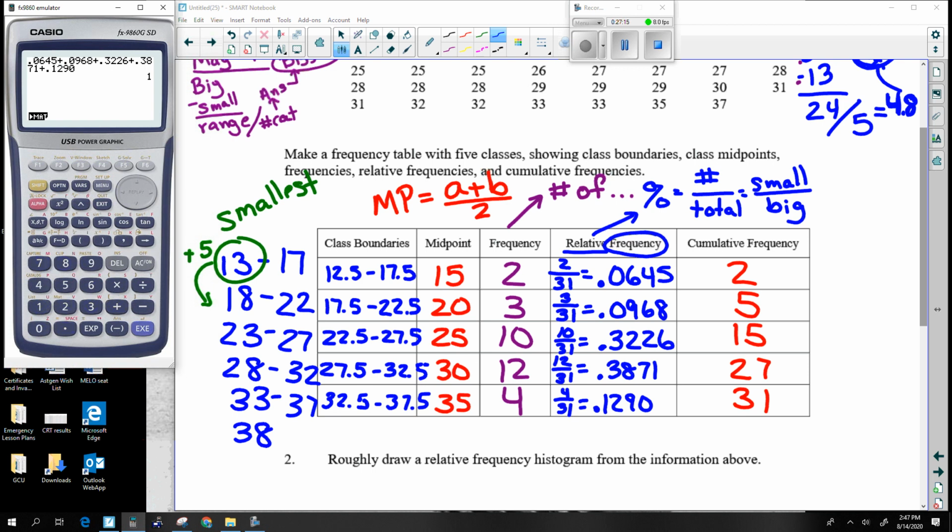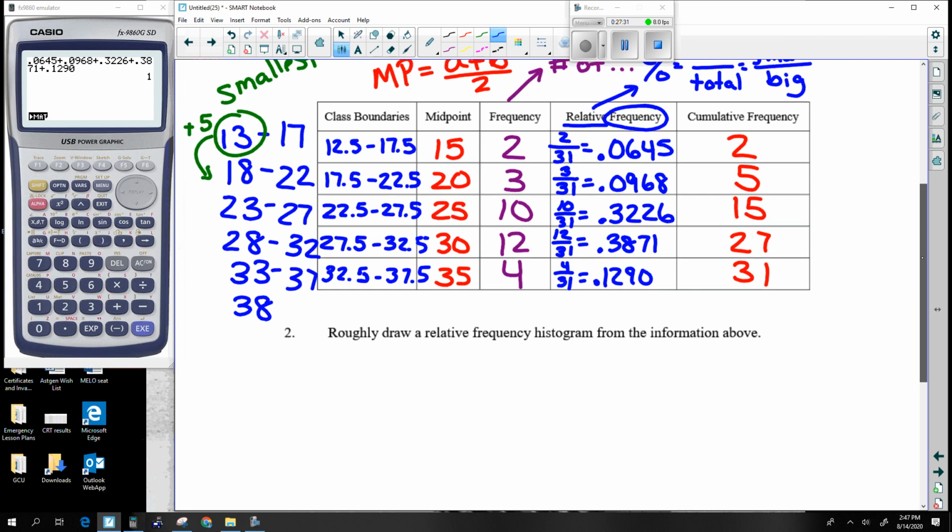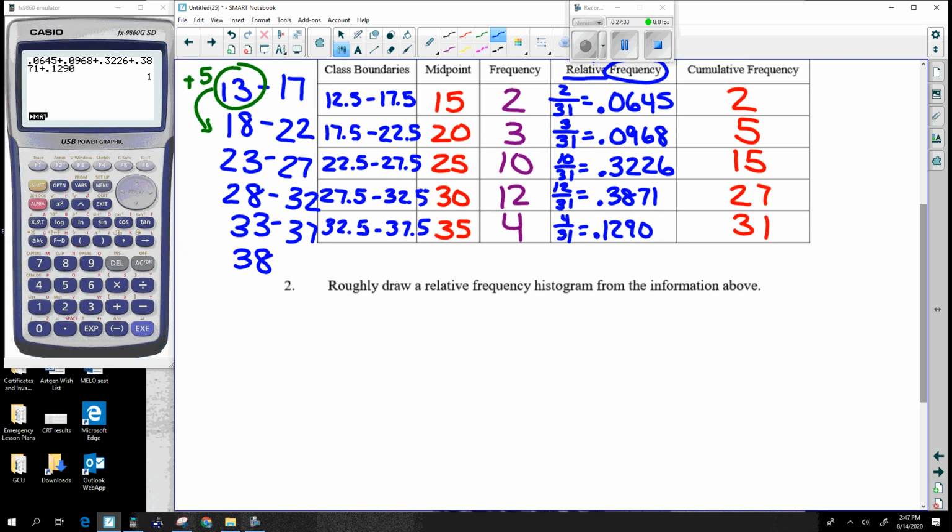Haha, what do you know? All right, so that is your frequency table. Again, I'll do it quickly on the backside.